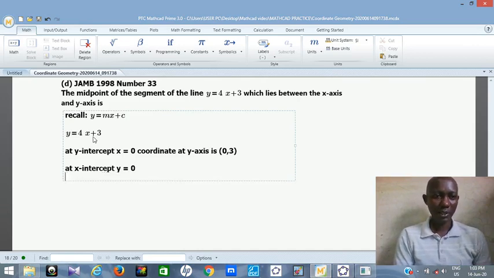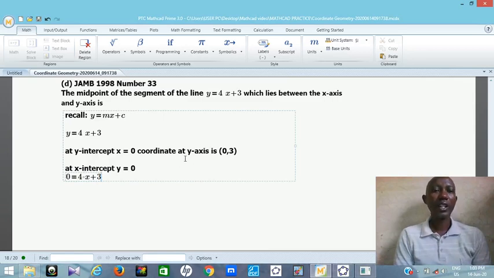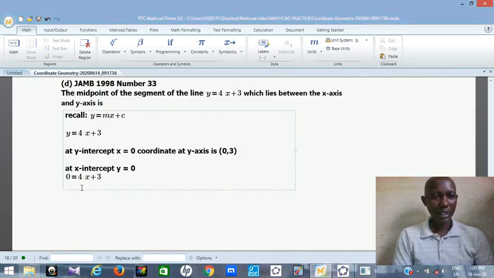Substituting, we have 0 equals 4x plus 3. Then solve for x. Whatever value you have for x will now be the coordinate at the x-axis. So without wasting time, to get x, 3 needs to go to the other side of the equation, and I'm going to have 4x.